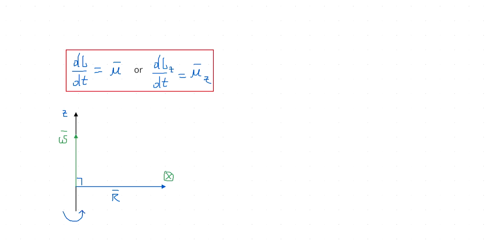The direction of vector v is perpendicular to the screen, and it is also perpendicular to r and omega. So v is perpendicular to angular velocity, and v is perpendicular to r.